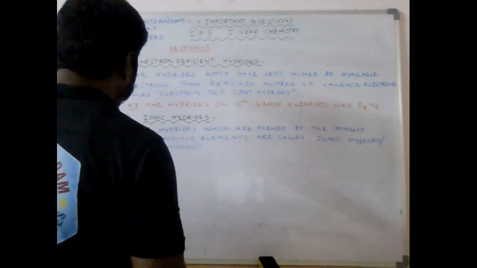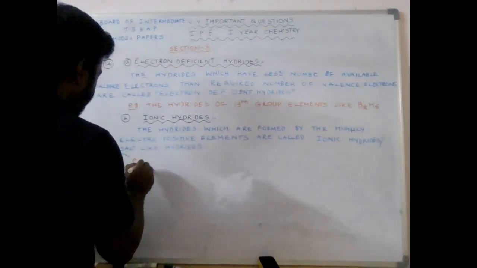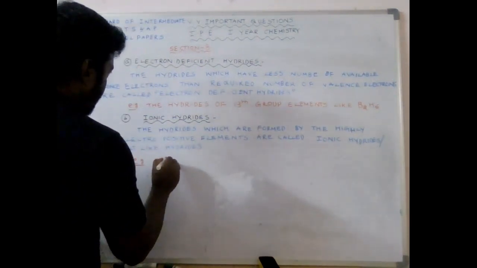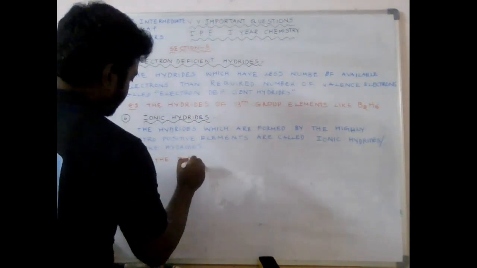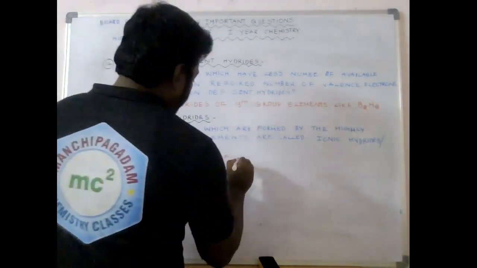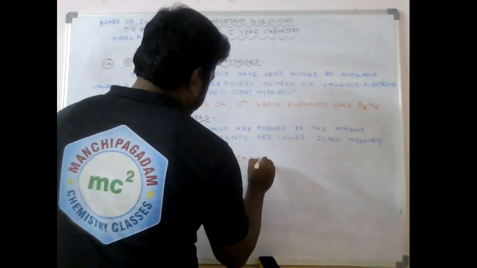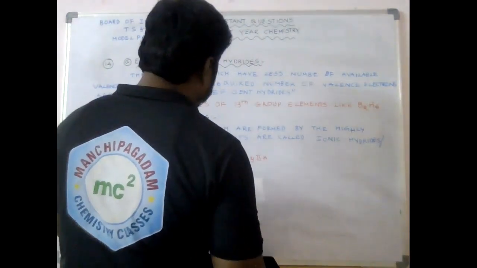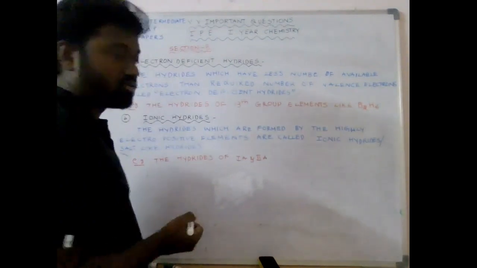Example again. Just now I told you which groups. So the hydrides of which group did I tell? First A and second A. These have highly electropositive elements, right? They have more electropositivity.